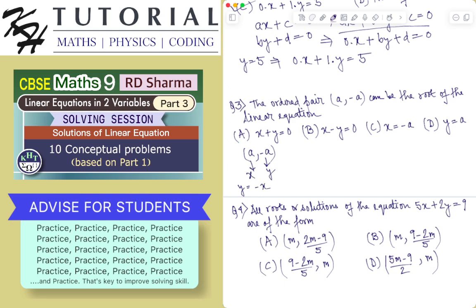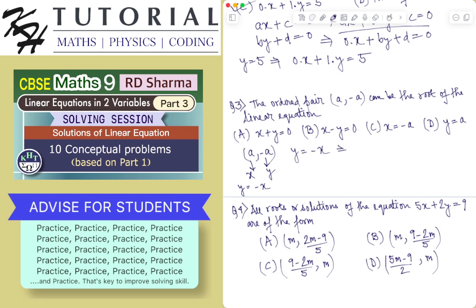So just visually, we can say that any root of the form a comma minus a, where in the place of a you can consider any real value, all these roots can be the solution of the linear equation y is equal to minus x.